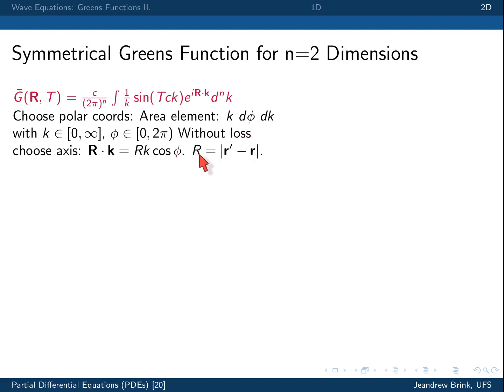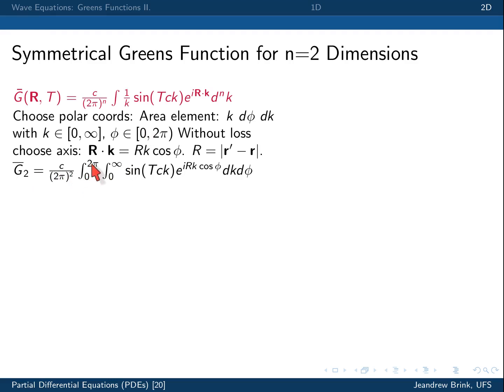Okay, r now is the norm of the difference between our source and field point spatial vectors.